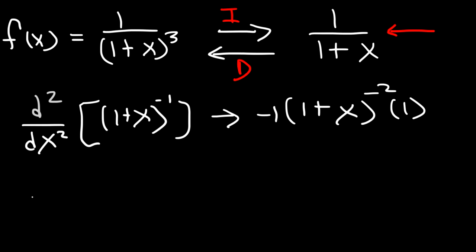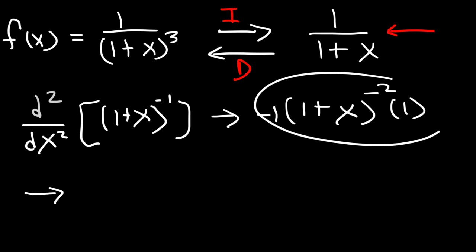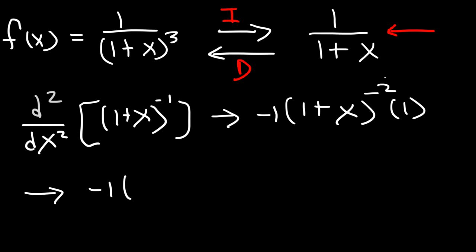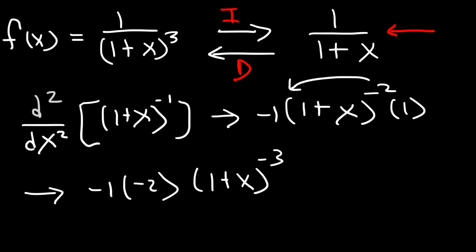Now, we need to differentiate it one more time. So this is the first derivative, and we need to find the second derivative. So we bring down the exponent, -2, and then it's going to be 1 plus x to the -2 minus 1, which is -3. And so we can rewrite that as 2 over 1 plus x raised to the third power.